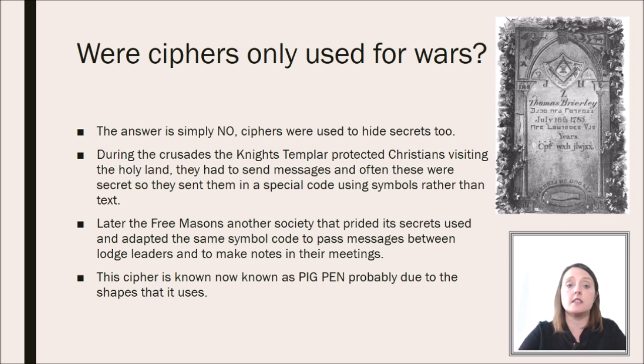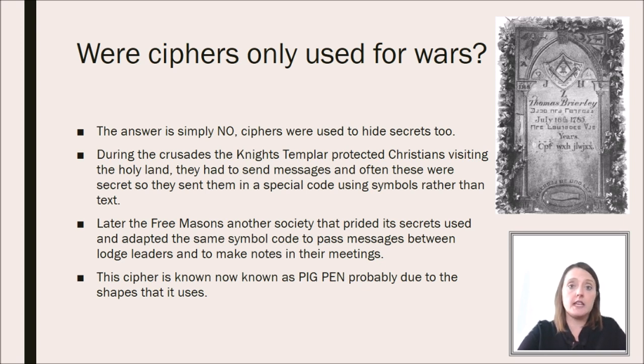During the Crusades, the Knight Templars protected the Christians that were visiting the Holy Land, and they often had to send their messages between themselves and backwards and forwards to the church, and back to Rome, etc. And they did it using a special code that used symbols rather than letters. But it was still just a substitution cipher.